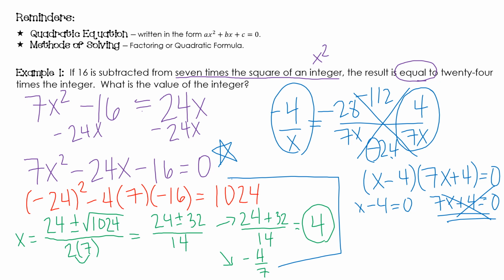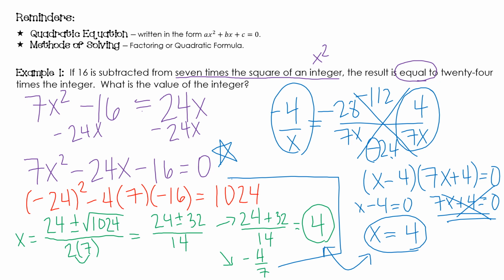So you can choose to work it out, but you don't need to, because I know that I am just looking for an integer. X minus 4 equals 0. If I move the 4 to the other side, I get a positive 4. That is an integer, so that would be my solution. And so we can see you get the same answer either way.